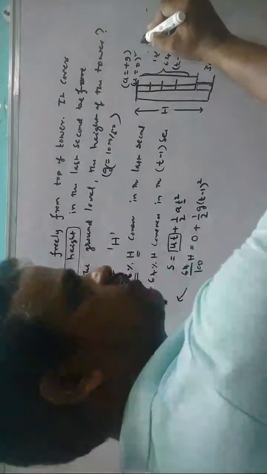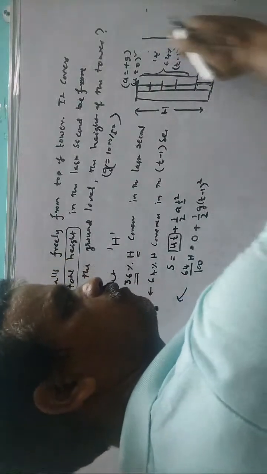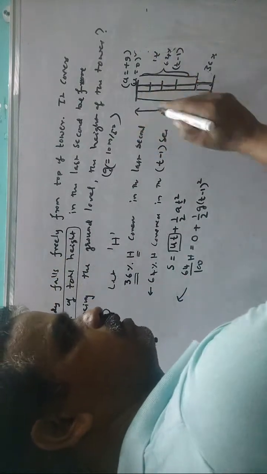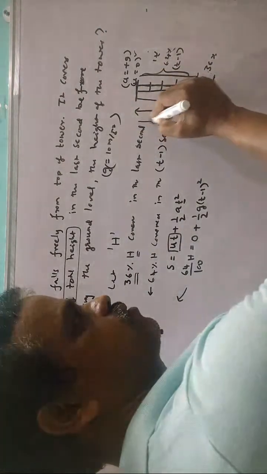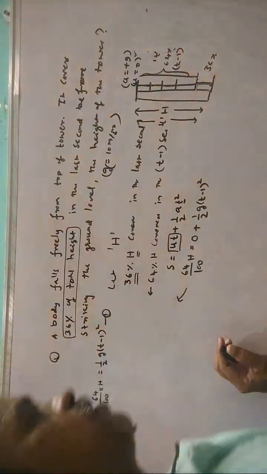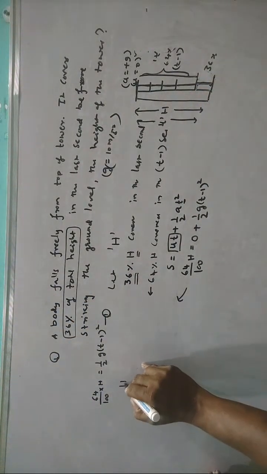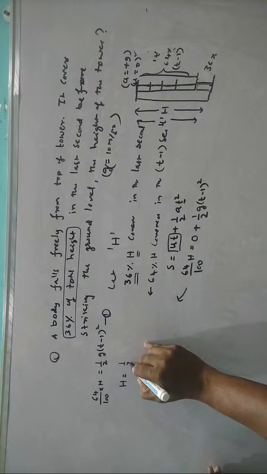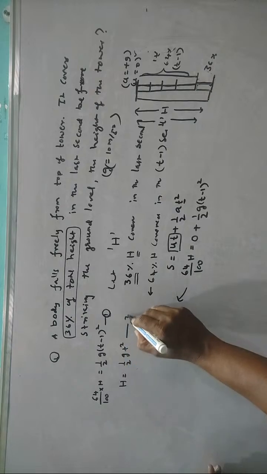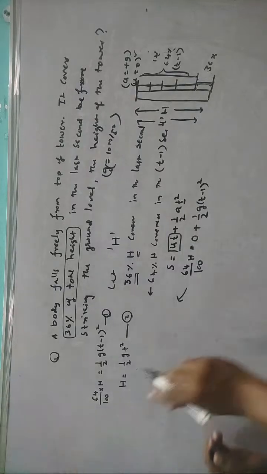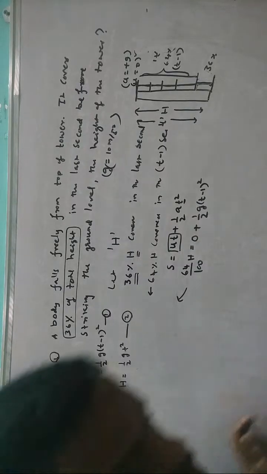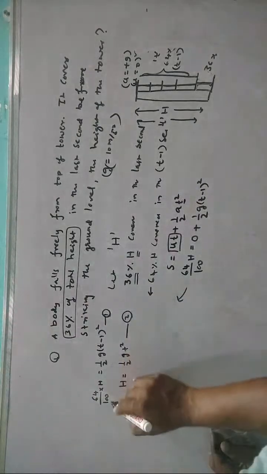So total time taken for the total height of the tower h. How much time is taken to cover the total height? For that we can write h equal to half g t square. Can you use it like that? Is it visible? Just write this.